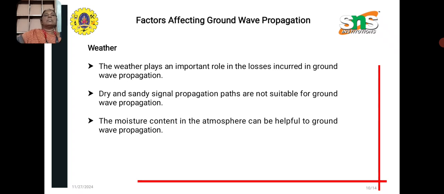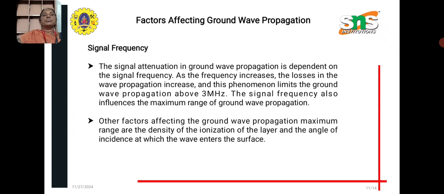The weather also plays an important role in the losses incurred in ground wave propagation. Dry and sandy signal propagation paths are not suitable for ground wave propagation, while the moisture content in the atmosphere can be helpful.